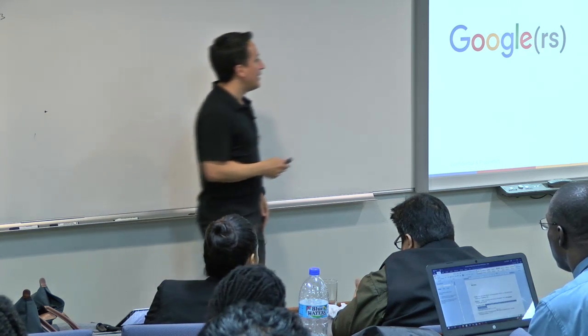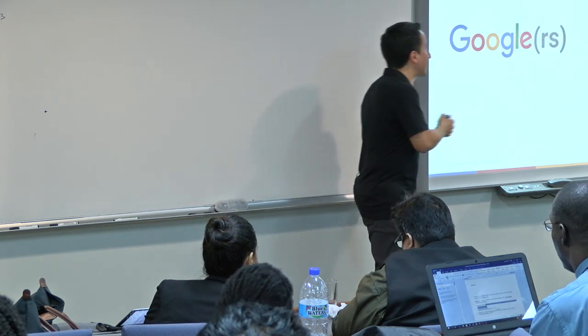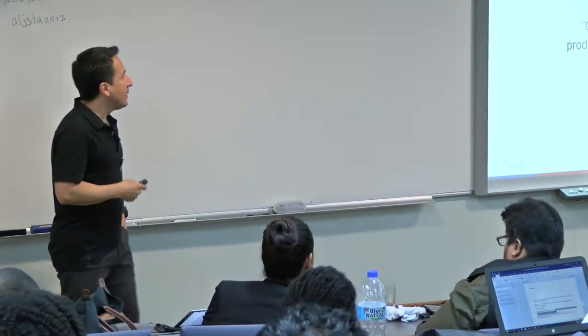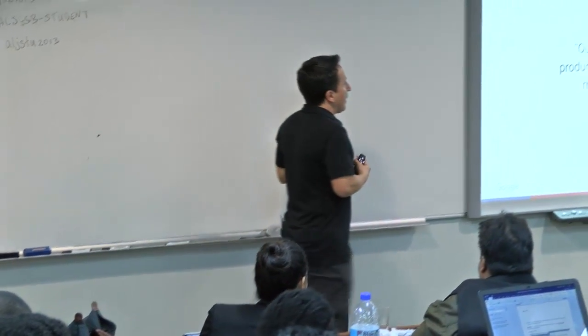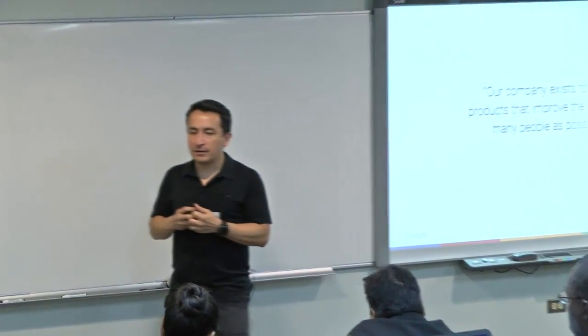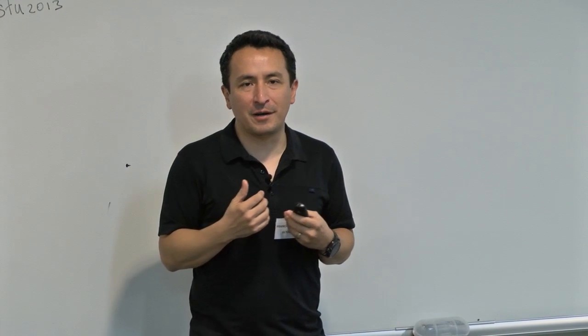So this is the way we refer to ourselves. We are Googlers, and this is what drives Google. The feeling that we are doing not only products for profit and for our livelihood, but also to help others.